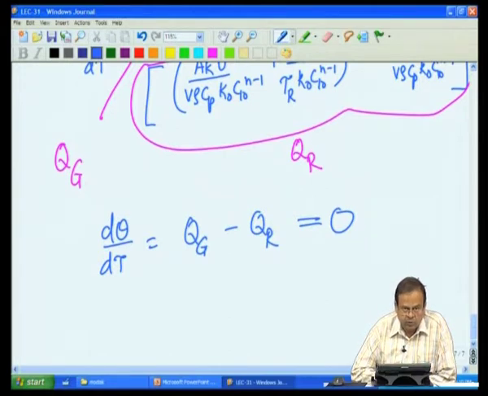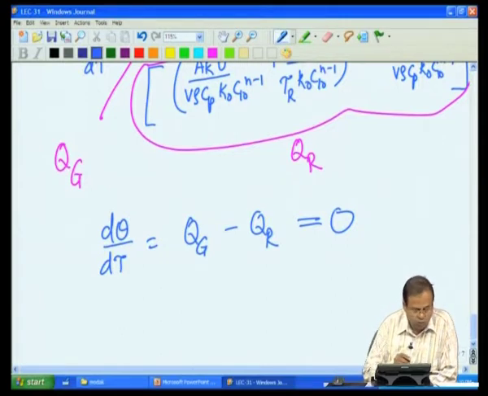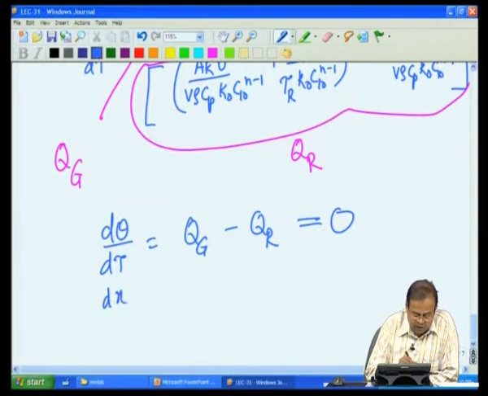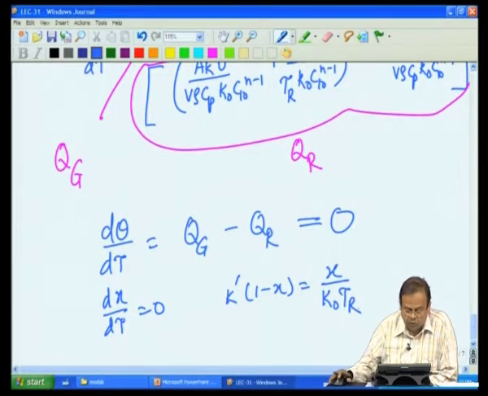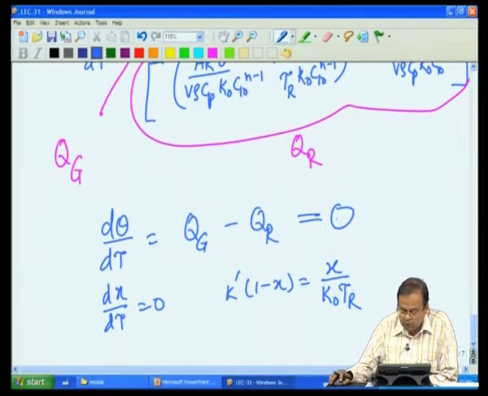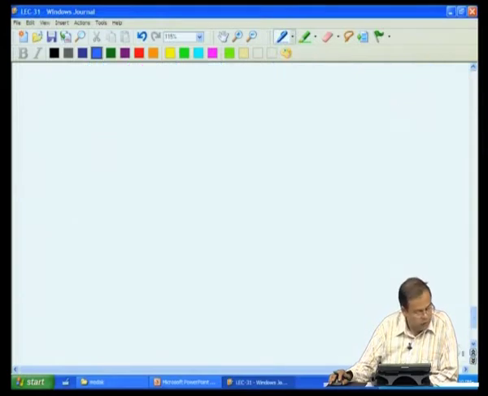This is our precise description, in addition to, of course, our mass balance dx d tau also being equal to 0, which if we consider a first order reaction will give us this particular relationship.